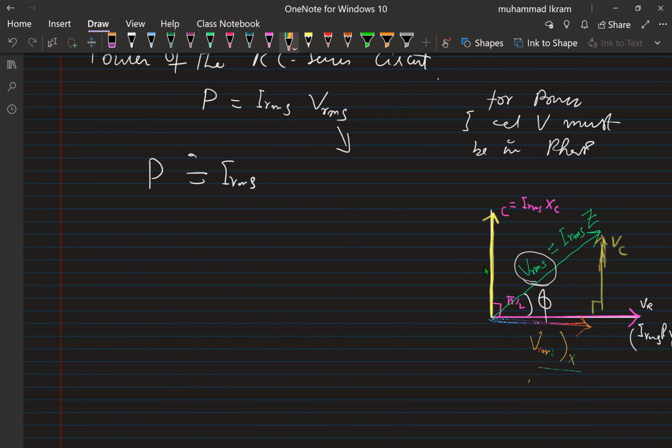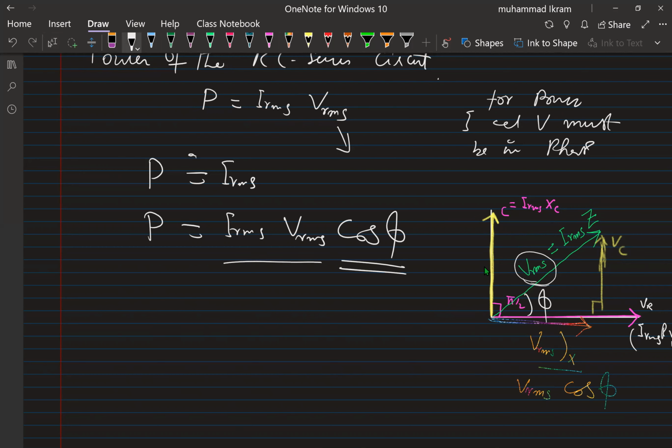And that is always equal to the Vrms into cos phi. So for the power, we will write power as the Irms into the Vrms into the cos phi, where the term cos phi is called the power factor.